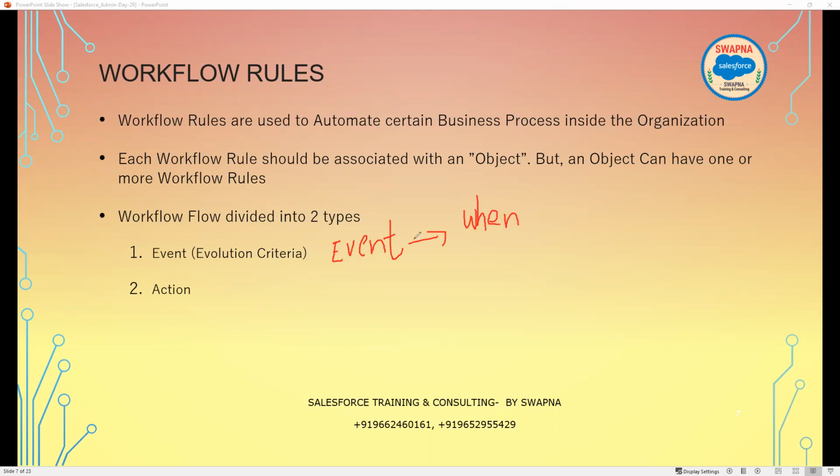What is the scenario, on which event should this workflow fire? Action is, do you want to update a field, send an email alert, or create a task? There are multiple actions which can be performed.